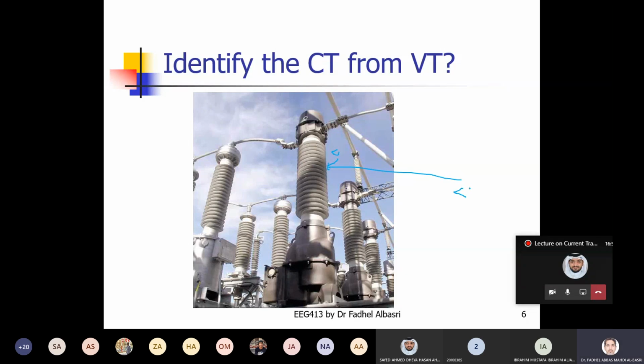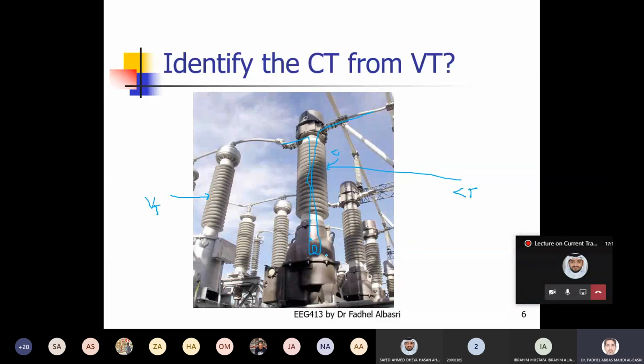This is a CT, and that's a VT. And now, where is the primary and secondary? See, the primary is this. So the cable comes in, goes down to the winding, to the core, and goes up and continues. So this is the primary, okay?